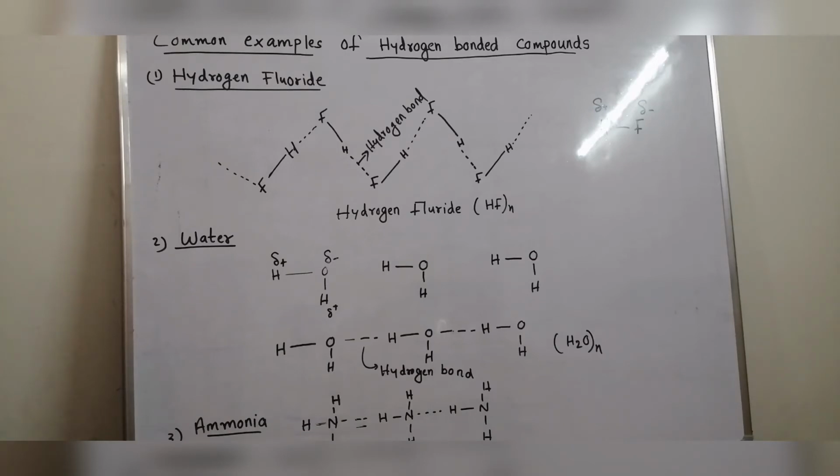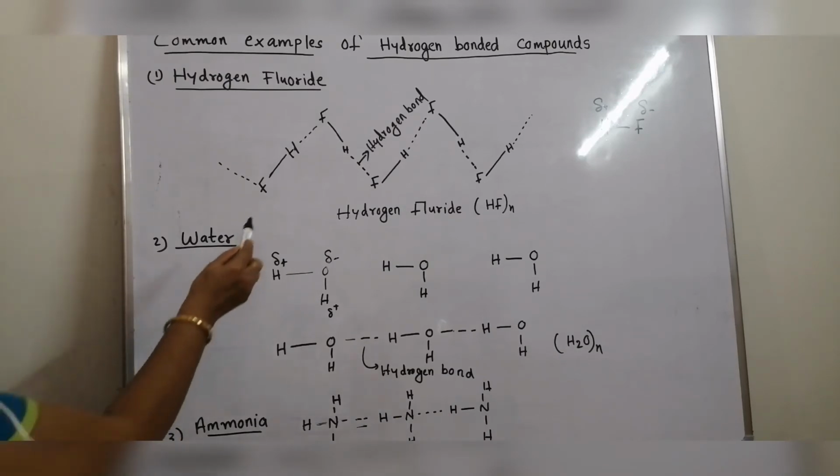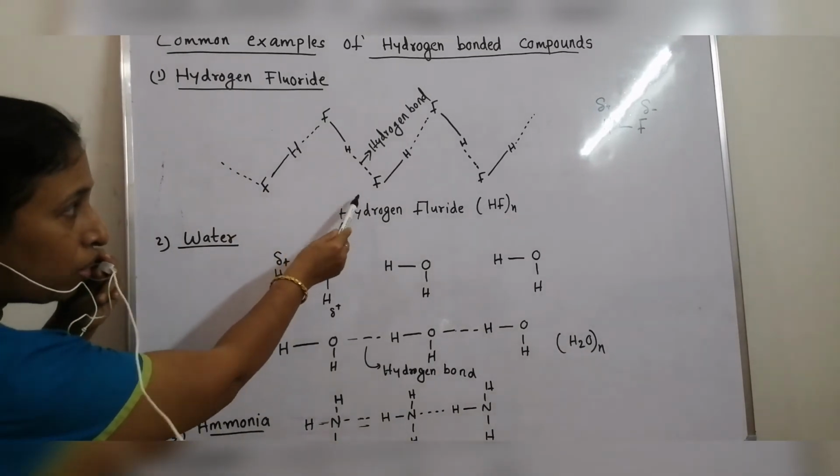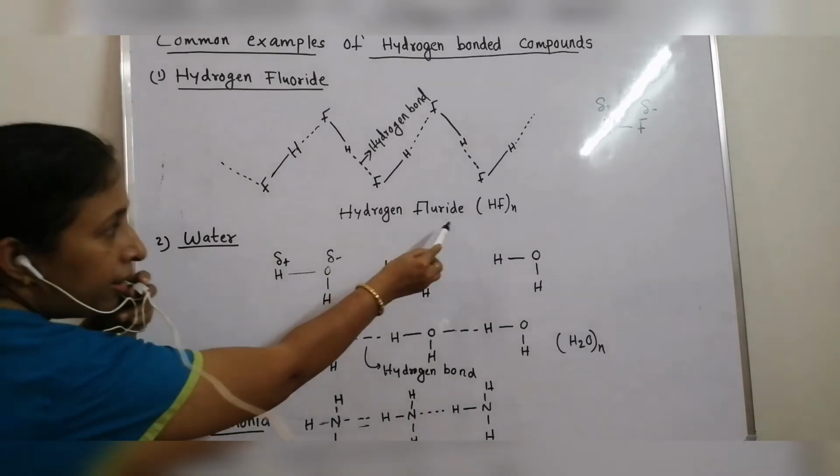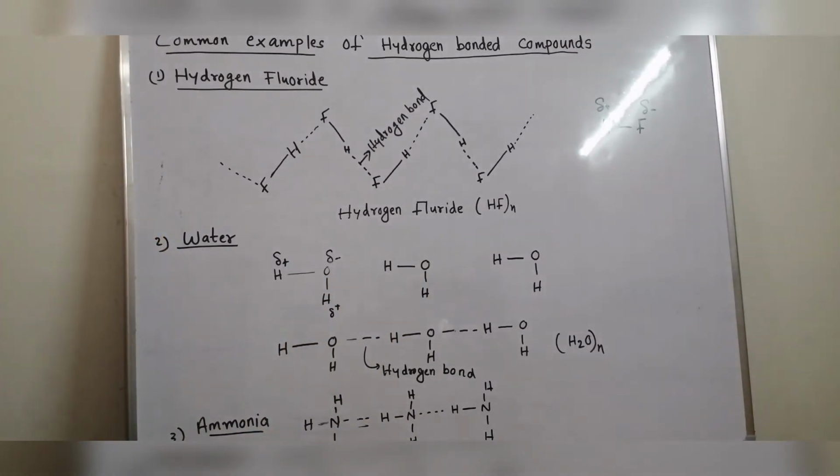Fluorine is partially negatively charged and hydrogen gets a partial positive charge. And this leads to formation of a hydrogen bond. A large number of hydrogen fluoride molecules form hydrogen bonds and lead to formation of a cluster of hydrogen fluoride, designated by HF n times.